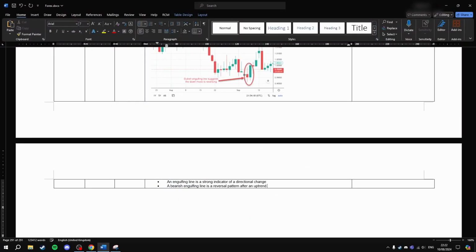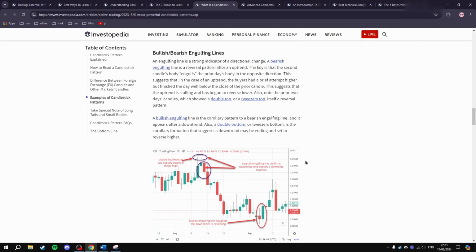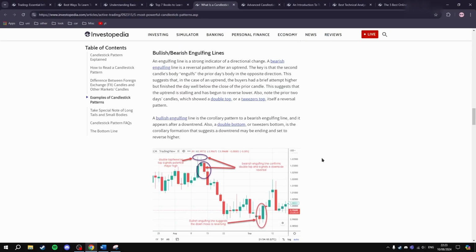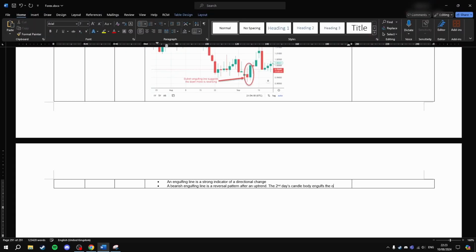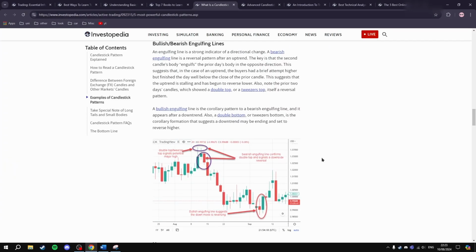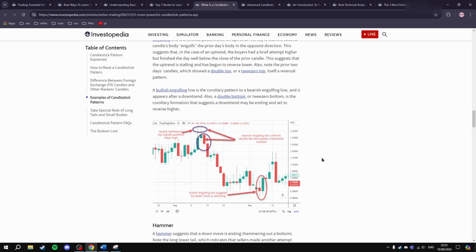So the second day's candle body engulfs the prior day's body in the opposite direction. This suggests that in the case of an uptrend, the buyers had a brief attempt higher, but finished the day well below the close of the prior candle.